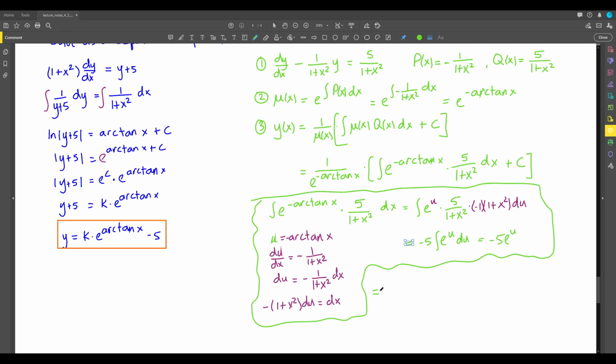So we can continue that as we bring this to the numerator as e to the power arctan of x, and then times the integral, which is negative 5e to the power u, and u was negative arctan of x, so negative 5e to the power negative arctan of x, and then we had plus c.